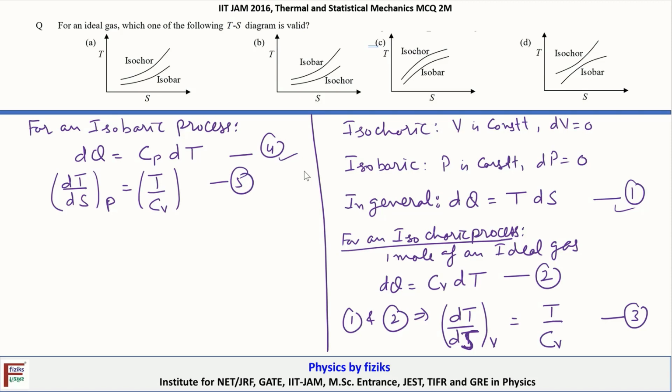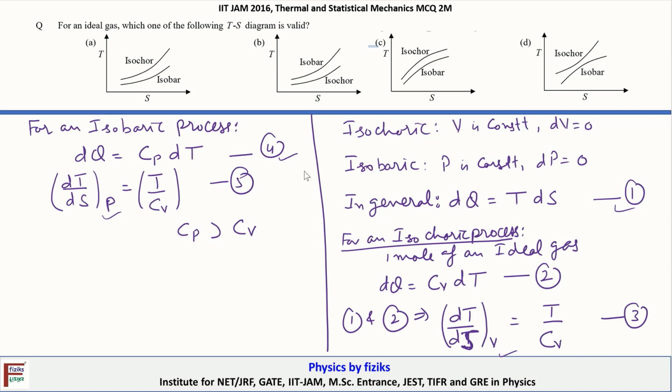Now remember that for an ideal gas we also have the relationship between Cp and Cv, because Cp is larger than Cv. So if you compare equation 3 and equation 5, both equations give the value of dT by dS, that is the slope of the TS diagram, under two different conditions, one at constant volume and another at constant pressure.